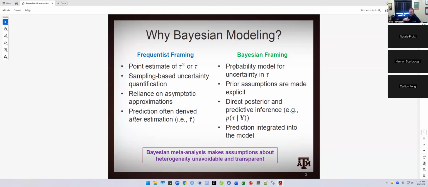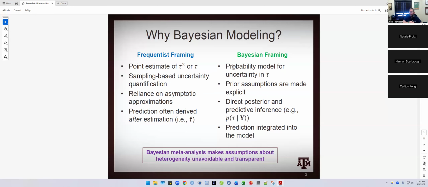In this Bayesian framework, we have to make our assumptions about tau and mu and thetas and all of that explicit, right? So we are forced to decide what the priors are for values like tau and mu and so on.